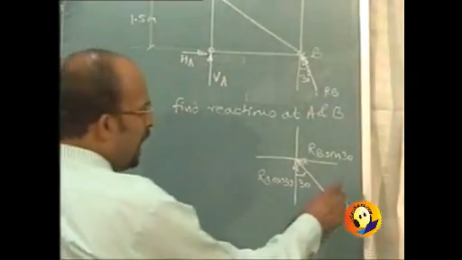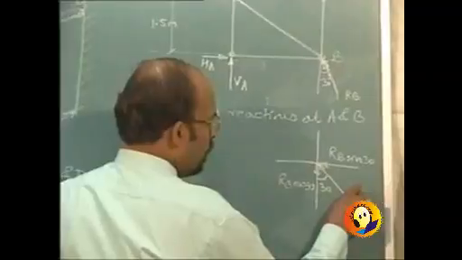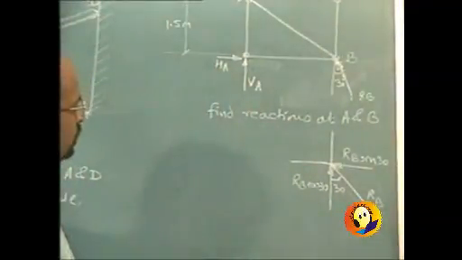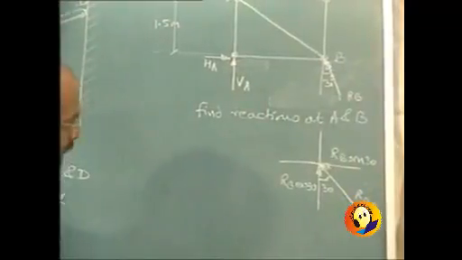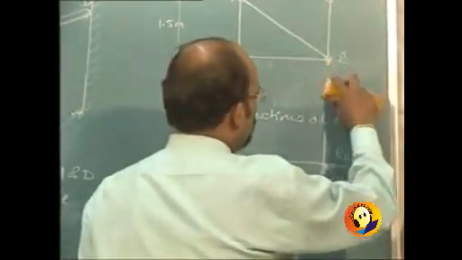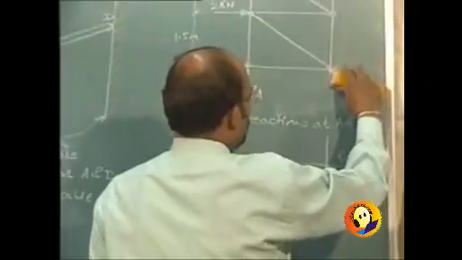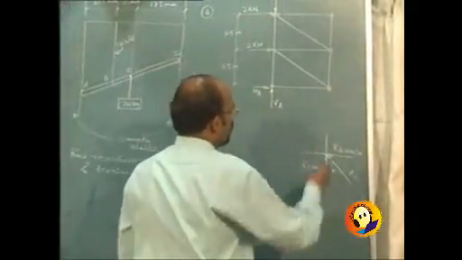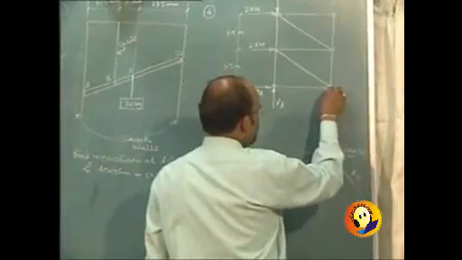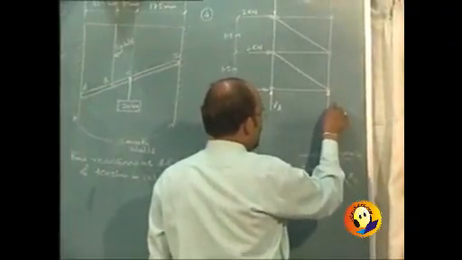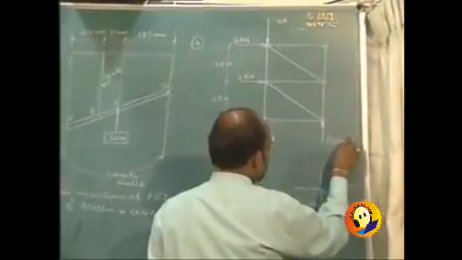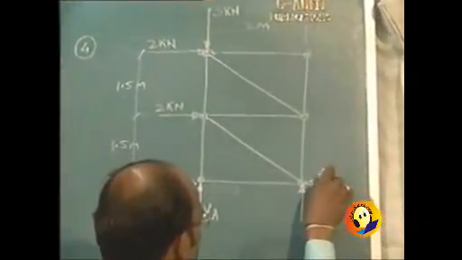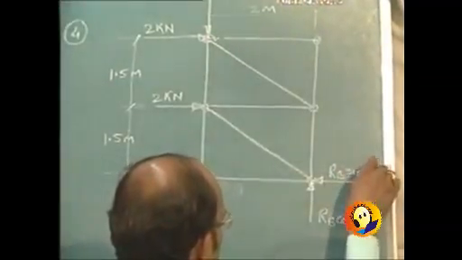And this reaction at B can then be removed. So let us replace these two components at point B. So at B I will have vertical component as RB cos 30 and horizontal component as RB sin 30.